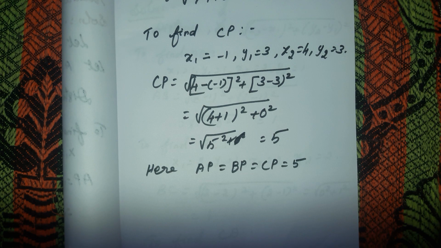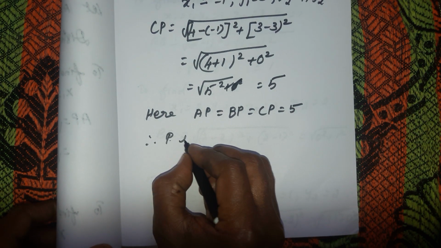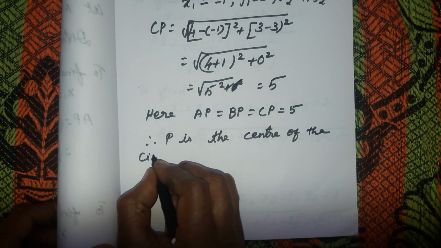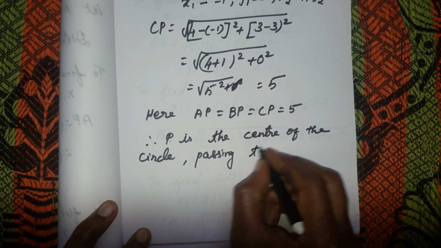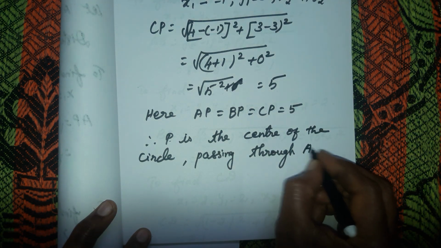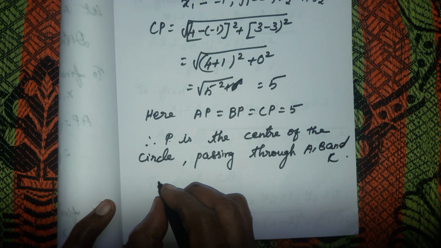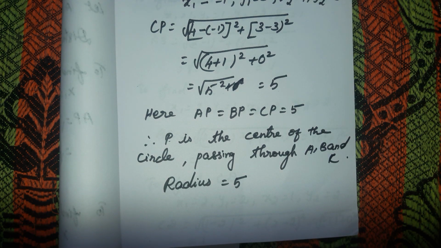Therefore we can prove that P is the center of the circle passing through A, B and C. And the radius is equal to what? Radius is equal to 5 units.